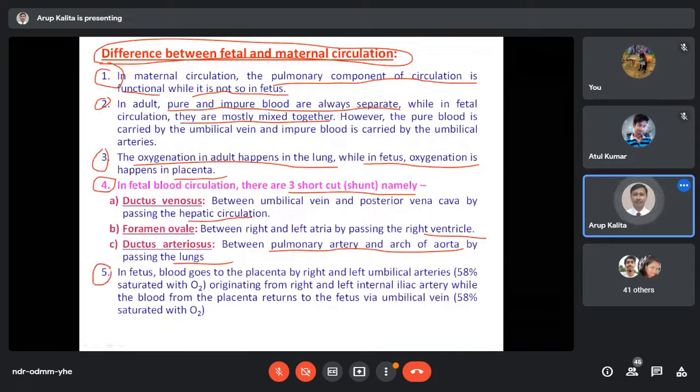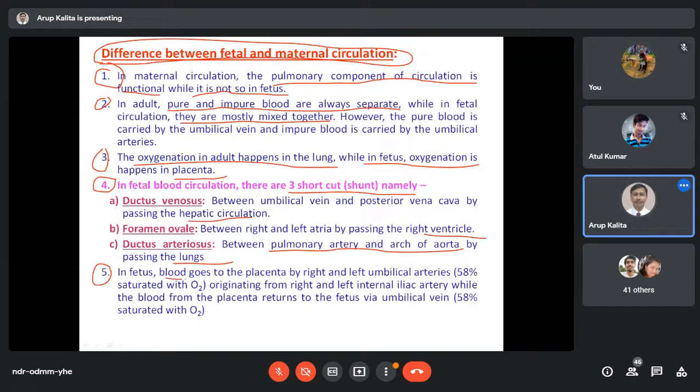Now number 5, in fetus, blood goes to the placenta by right and left umbilical arteries, originating from the right and left internal iliac artery. So the internal iliac artery will give umbilical arteries, and these umbilical arteries carry impure blood, while the blood from the placenta returns to the fetus via the umbilical vein.